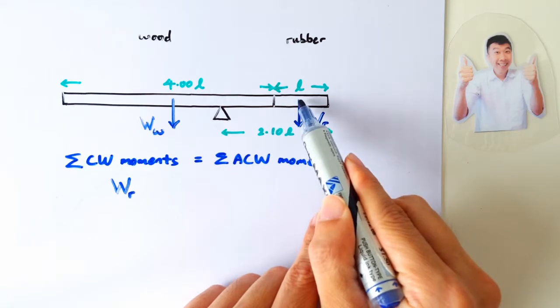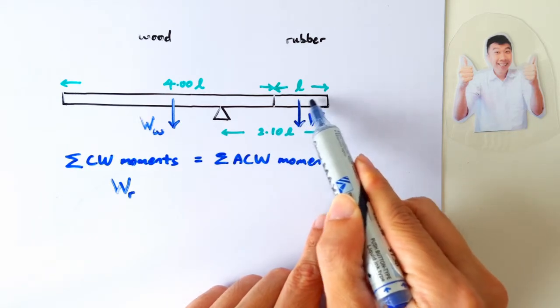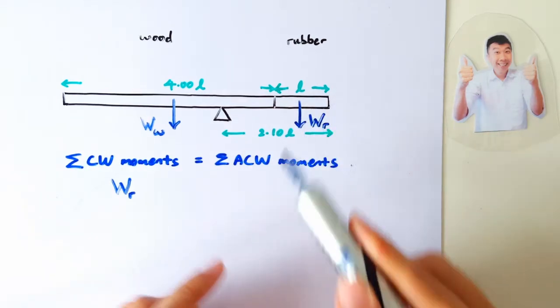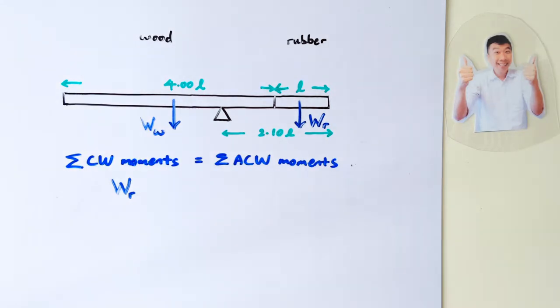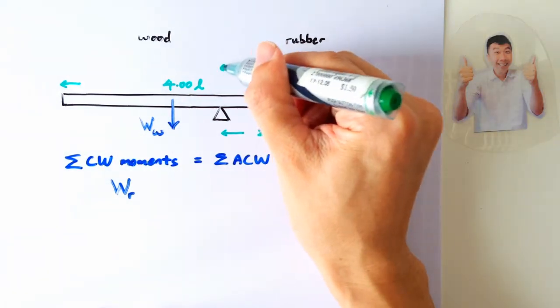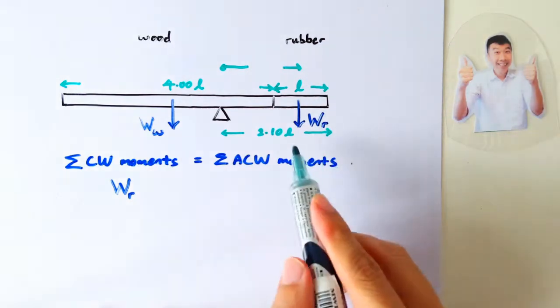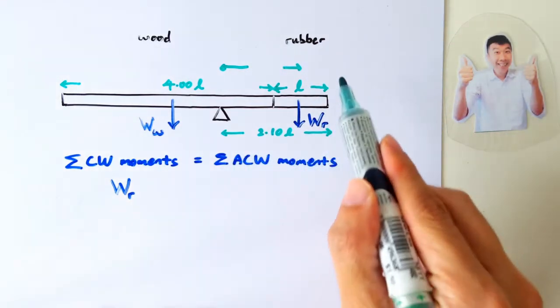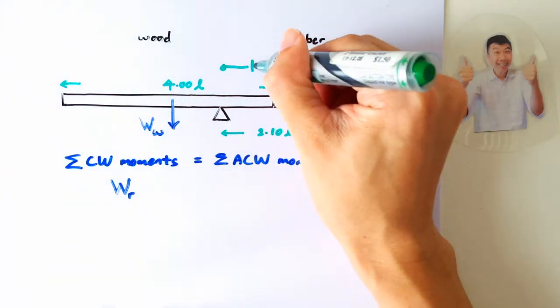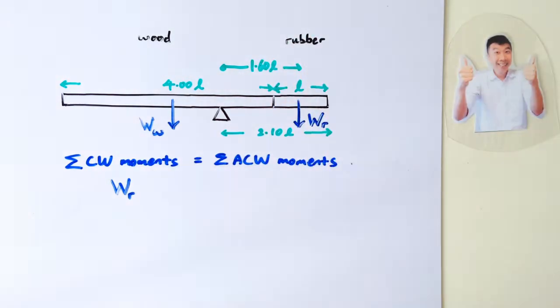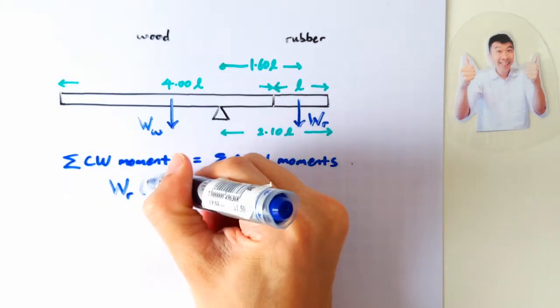We know that the CG is 0.5 L from here. That means that this section, from the pivot to the CG of the rubbery part, is 2.1 minus 0.5, so 1.60 L. So that's our perpendicular distance.